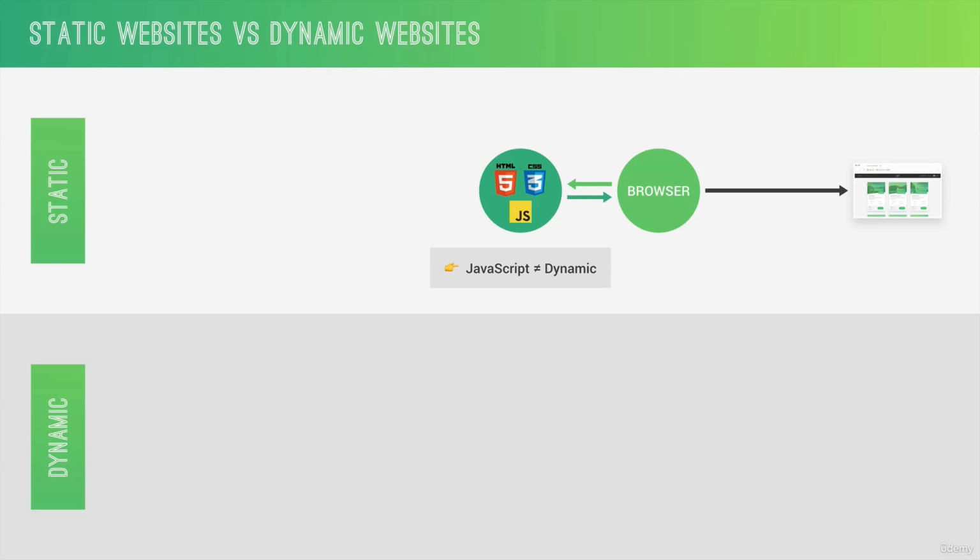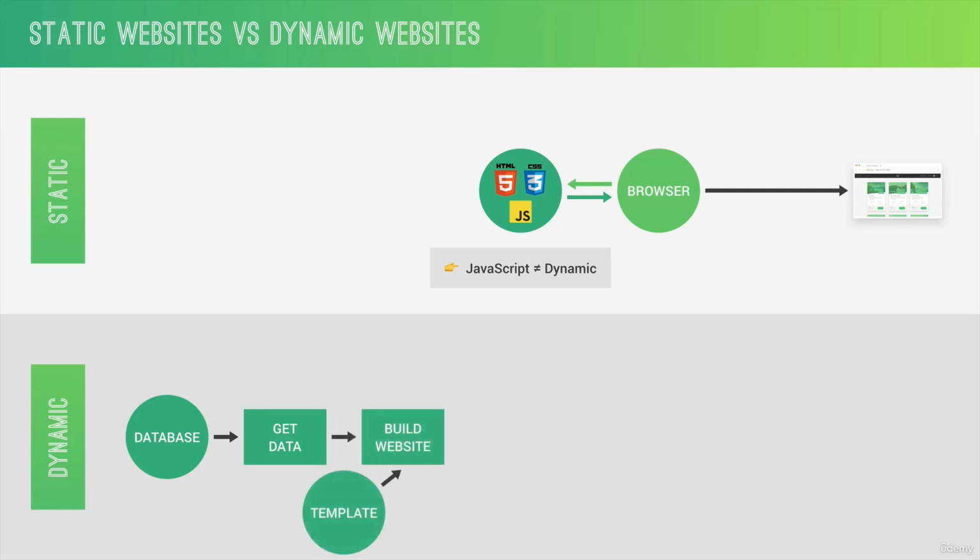Okay? So dynamic websites are different from static websites because they are usually built on the server each time a new request comes in. So like we saw in the last video, dynamic websites usually contain a database. Then there's also an application running, like a Node.js app, which fetches data from the database and then together with a predefined template, builds each page that the user requests dynamically based on data coming from the database.